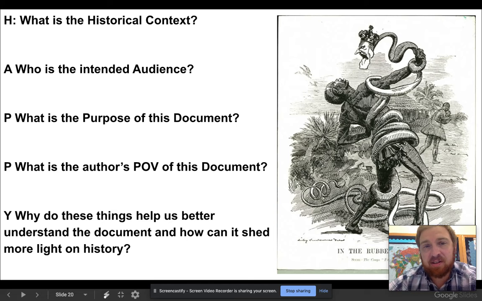But we did this in class as a practice to get an idea and understanding of a political cartoon. So our historical context was that we're dealing with a time of imperialism in Central Africa. And this cartoon, we need to know who it was intended to reach and its purpose, and then also what we can learn from this document.